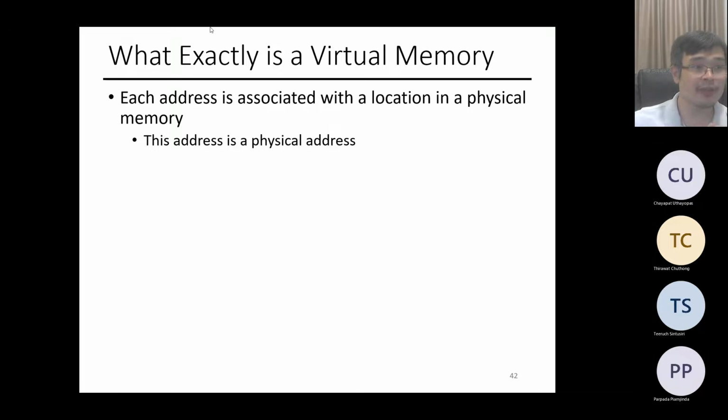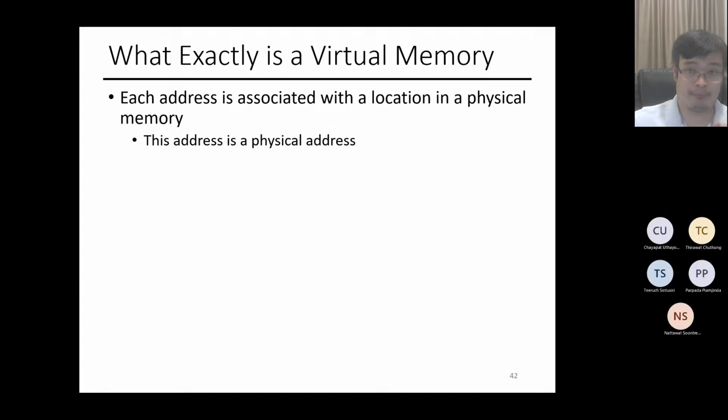Basically, in virtual memory, what we assume is that each program will maintain its own address, right? And the address, which is managed by the OS, will have a mapping saying, hey, this address maps to this location in DRAM.